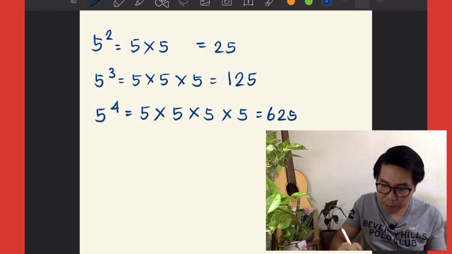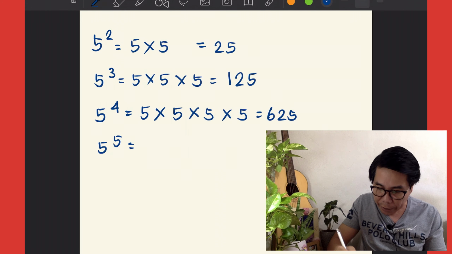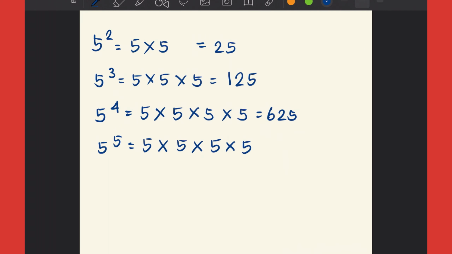So 5 raised to the power of 5 is the same as 5 times 5 times 5 times 5 times 5, which is equal to 3,125.